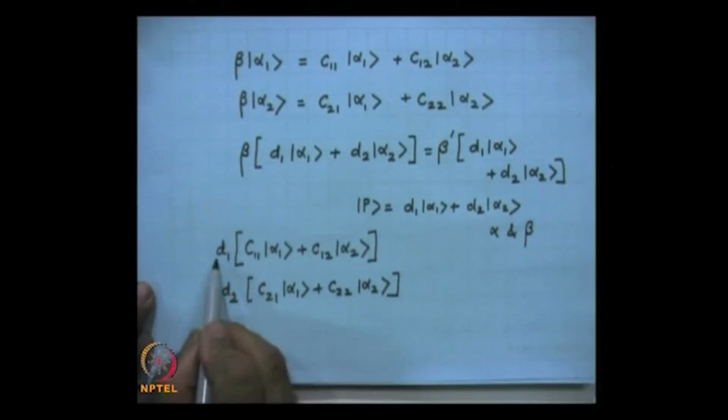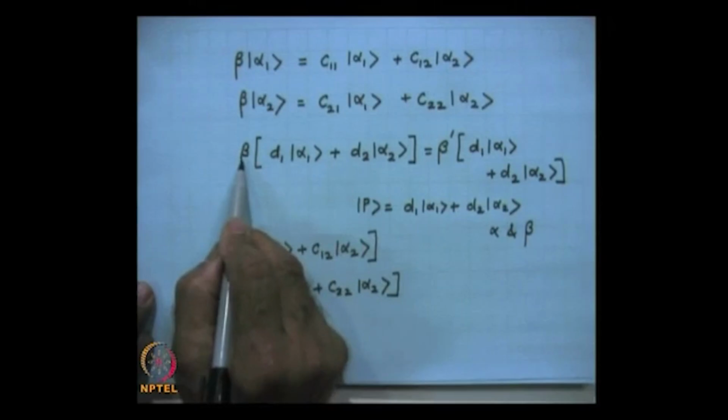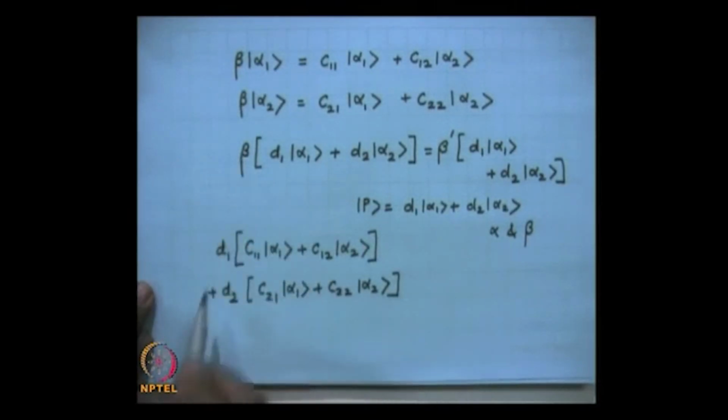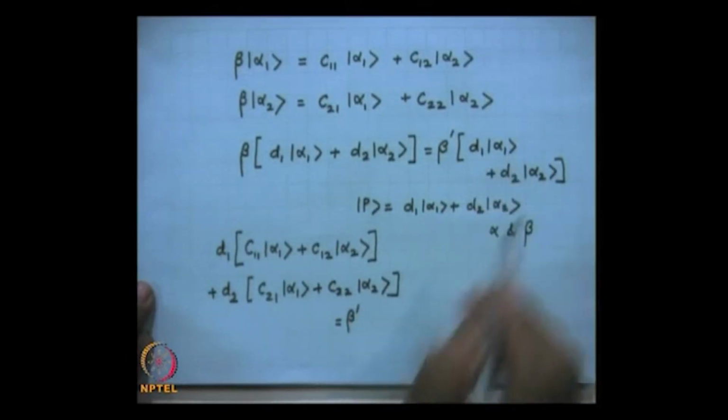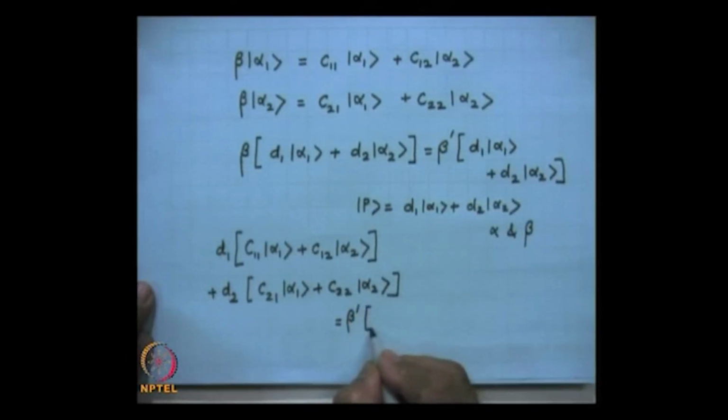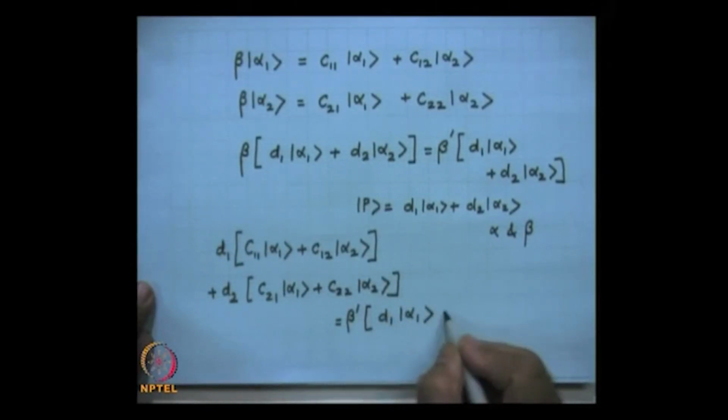Now, we must remember that alpha and beta are operators, but here these coefficients are all numbers. So, this is equal to beta prime times D1 ket alpha 1 plus D2 ket alpha 2.